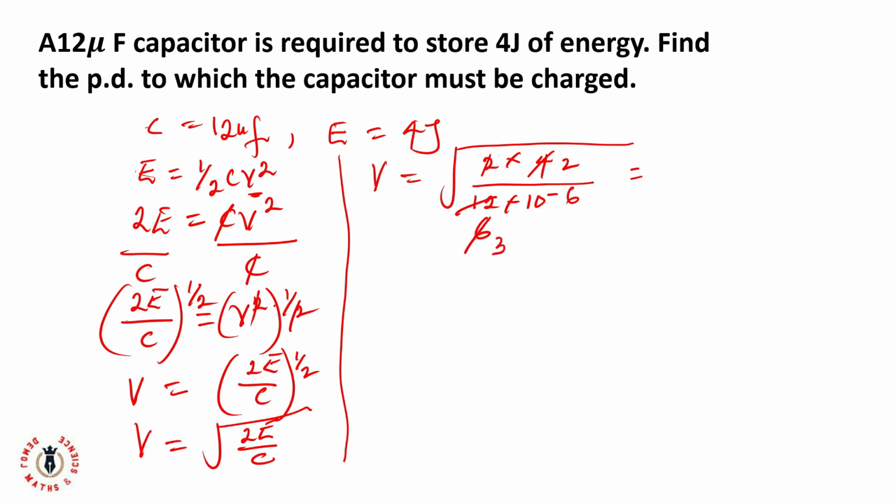So this is the same thing as the square root of 2 over 3 times 1 over 10 raised to power minus 6. Let's rewrite it.